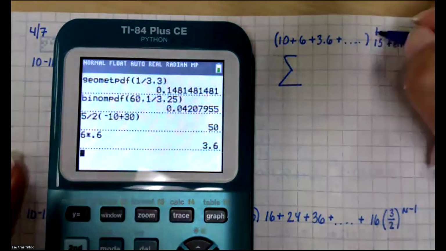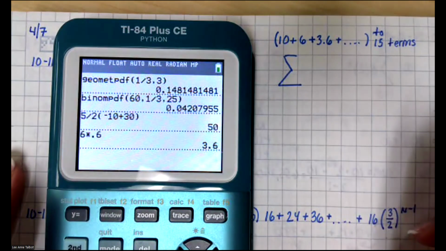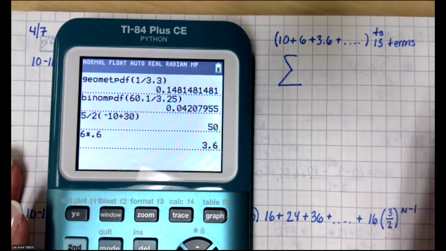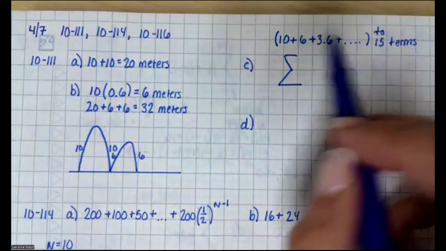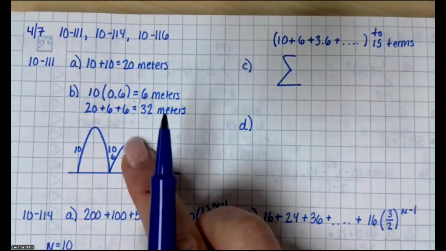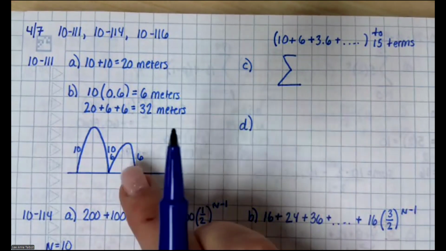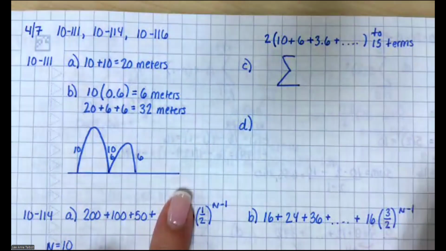And I'm going to say to 15 terms. That means that I would have to get 15 numbers. And this is not exactly right. This represents only the bounce up part. But if we're talking total distance, doesn't it make sense that I need to multiply the whole thing by 2?